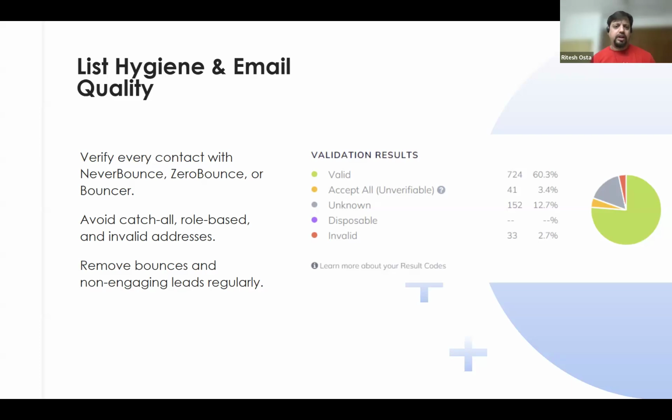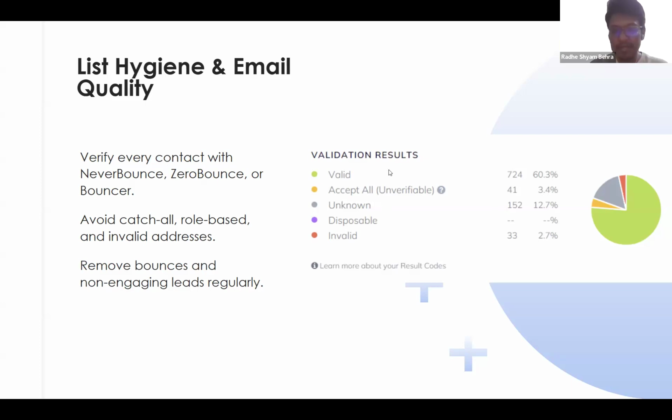For example, if I run my email list, say 1,000 contacts that I have pulled out from Apollo, through NeverBounce or Zero Bounce, I'll get something like this, right? 60% valid, 5% accept all, 3% unknown. Can you explain these terms technically? What does that mean, and whether to send email to them, who to avoid? Can you explain that practically?